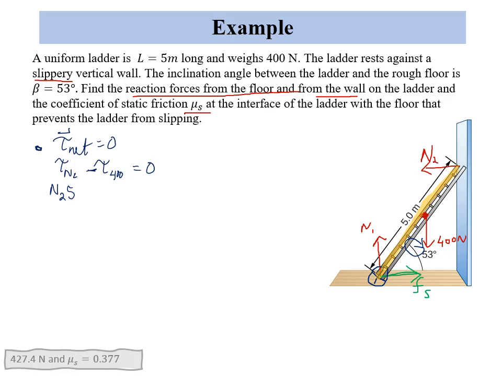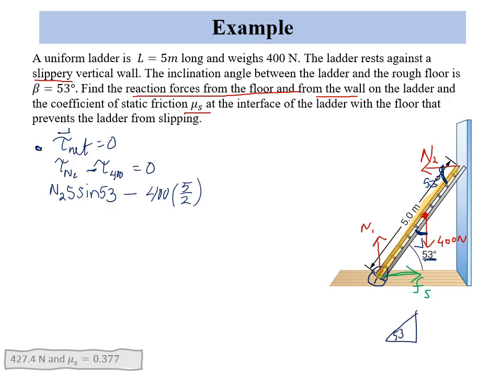That's 5. And then sine of the angle between the ladder and N2, which would be this angle here. I don't know what that angle is, but from geometry you can figure it out, which is also going to be 53 degrees. So this is sine of 53, minus the force, which is 400 newtons, times where that force is applied. That is applied at 5/2, the halfway point, and the angle between these vectors, if you look at it, is just a triangle.